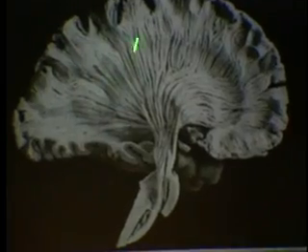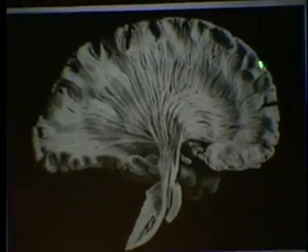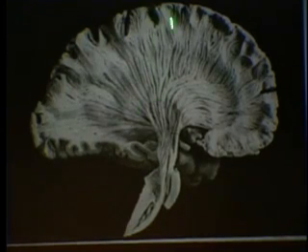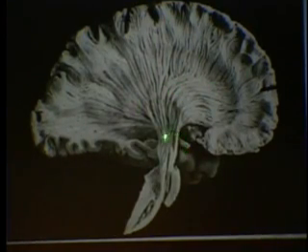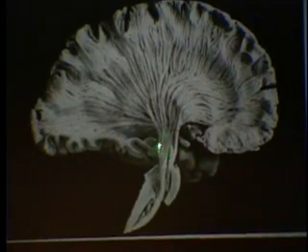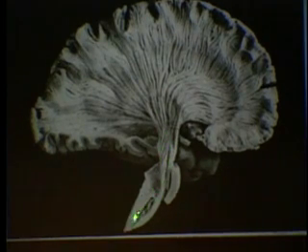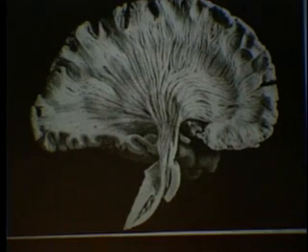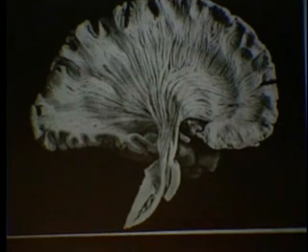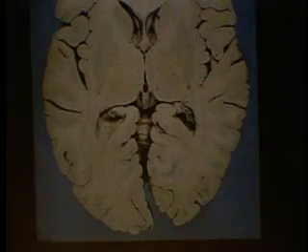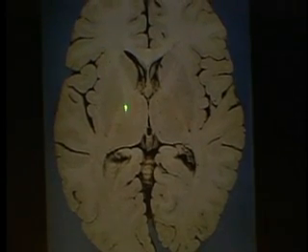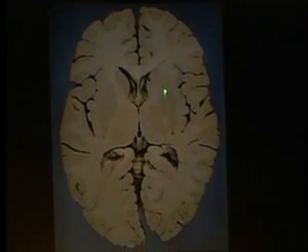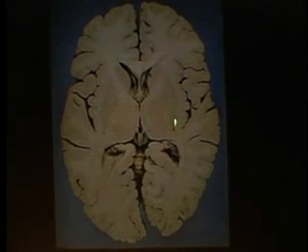In the next one, this is showing the corona radiata. Here's my cortex out here on the gyri and sulci. The axons have to get all the way down to either, as corticobulbar, to cranial nerve nuclei in the brainstem, or corticospinal, to anterior horn cells. In the next one, this shows again your basal ganglia. I'm sorry, this is an unstained brain, so you can see how dark they are just because of pigmentation and blood vessels.